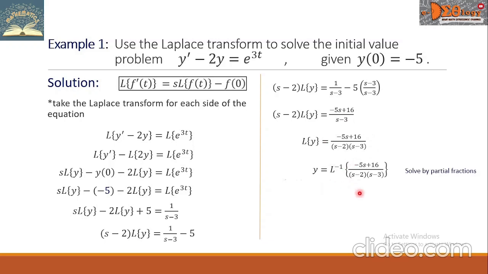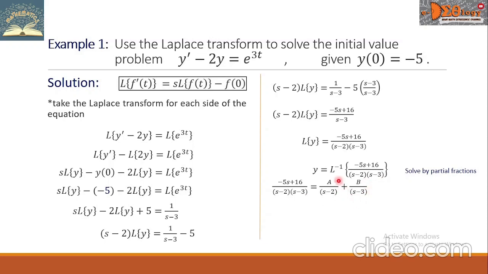At this point, we're going to solve by partial fractions. I'm going to put the link of the video regarding inverse Laplace transform by partial fractions in the description below. Let us copy this fraction down here, and this is now equal to a over s minus 2 plus b over s minus 3.